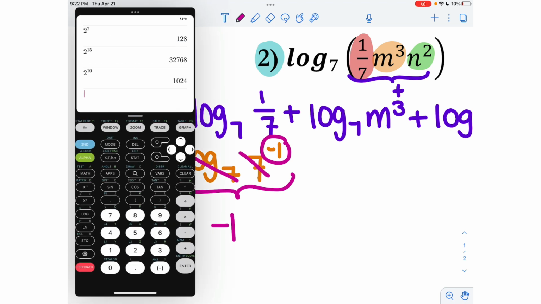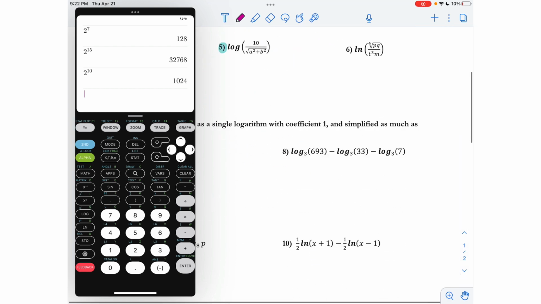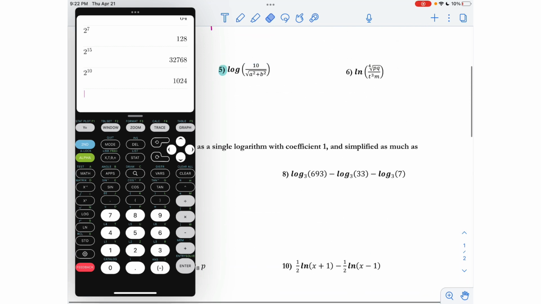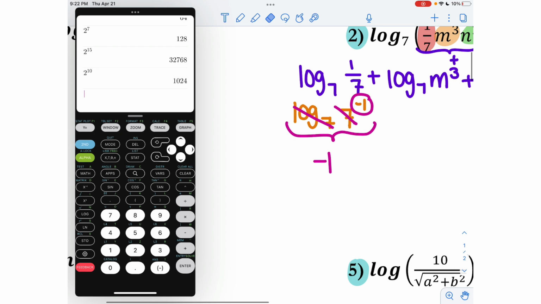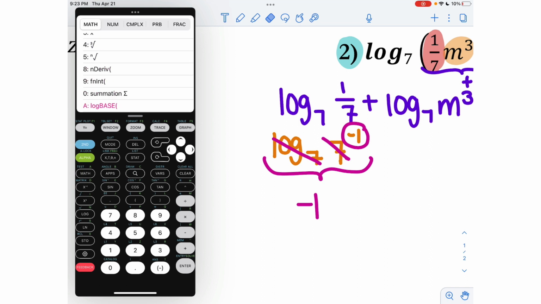In fact, you can put that in your calculator, which we didn't really talk about in class because you need to use something called the change of base formula to calculate logs, so we didn't get there. We'll talk about it another time, but in the updated calculators, there actually is an easy way to type in a log. You hit math, and then you scroll down to what's called log base.